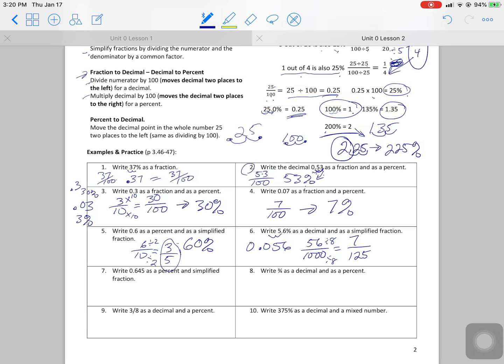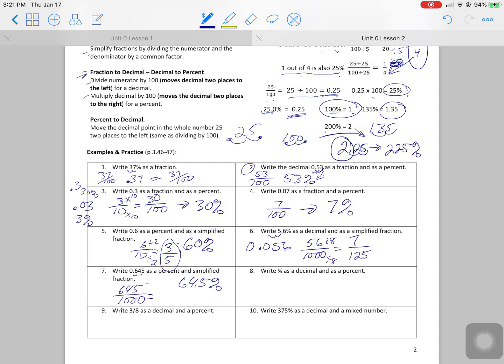All right. Let's see. 64.5% as a decimal and a simplified fraction. Well, first I'm going to put it, well, I don't know. Again, 2 different ways to do it. Move the decimal that way. So this would be 0.645. This is also in the thousandths place.